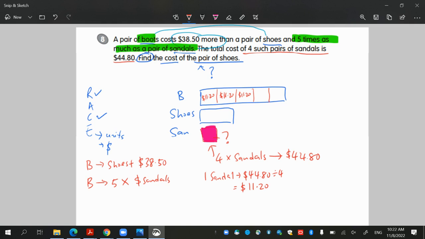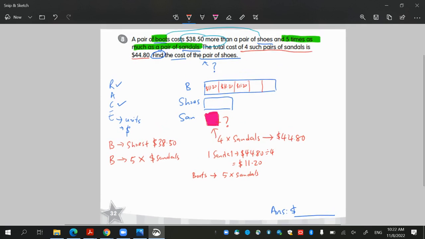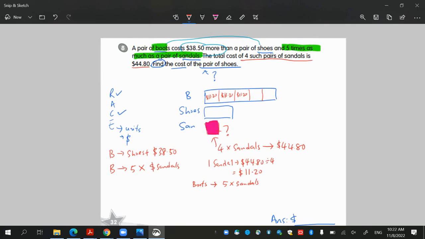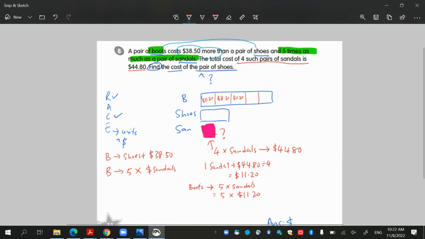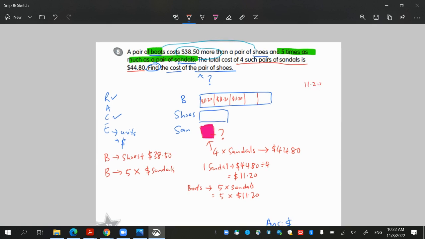That means I will be able to find the boots now. The boots is five times of sandals. So it'll be 5 times 1120. Okay, this one I think I need to do some working.